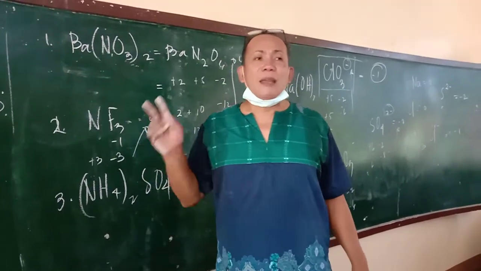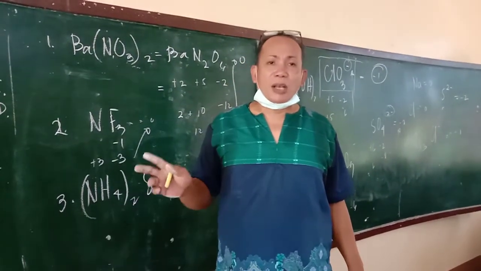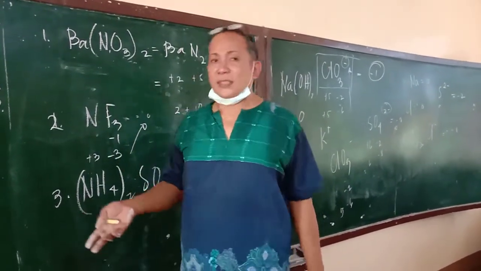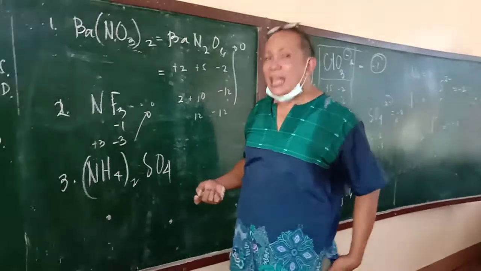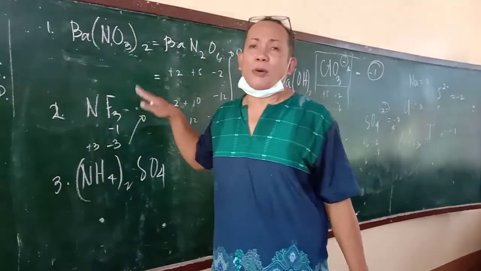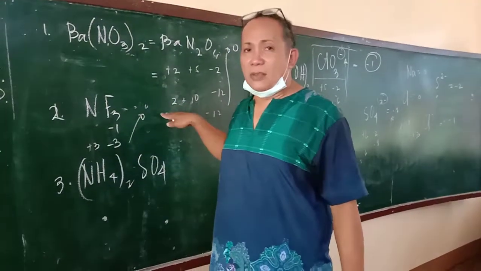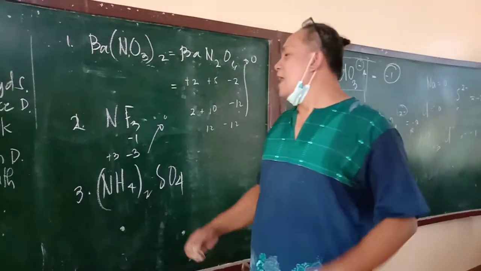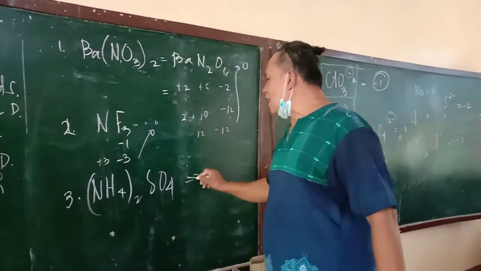Any elements that has many oxidation numbers, basta wala siya na belong sa specific rules. Kung compound o molecules, mahimo gyud siyang 0 ang iyang total number of oxidation number.